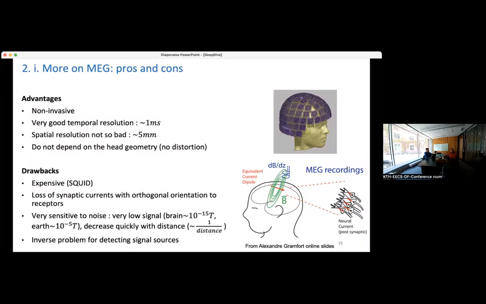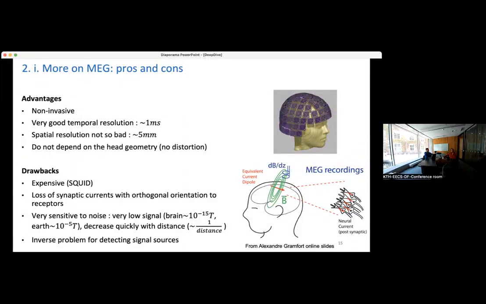I will explain what it is. The main drawbacks: it's expensive, which also explains why there are not a lot of them. There are, I think, around 200 on the whole planet, not so much compared to EEG, which is almost everywhere.